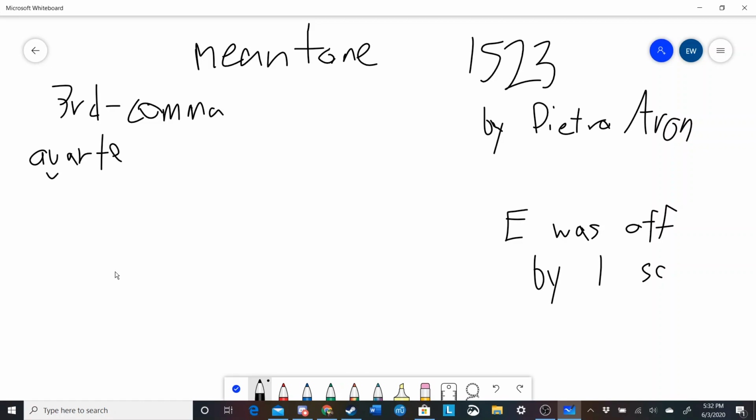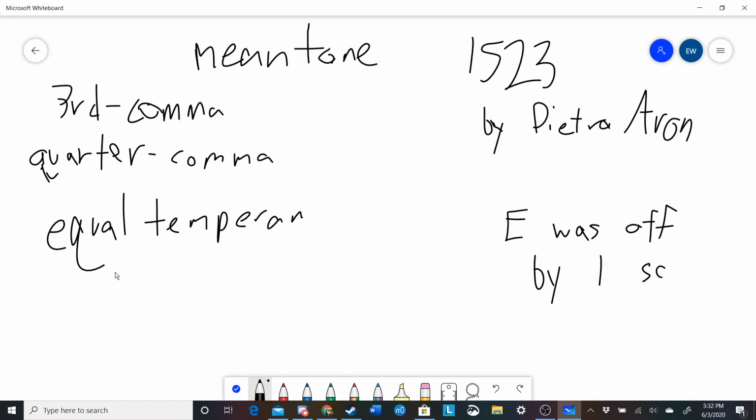People will hurt me. Quarter comma. And equal temperament. So let's talk about third comma first, since it's the least common of the three common systems.